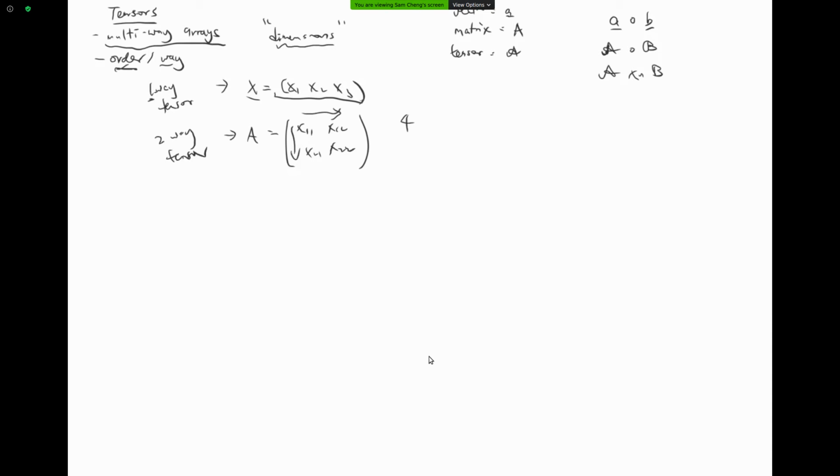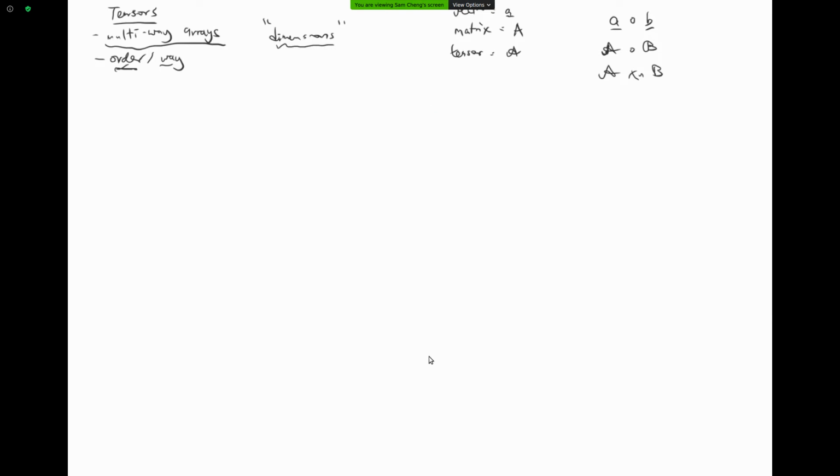Because it will quickly become rather confusing, it's better to use stricter notation, since we have objects with different numbers of orders or ways. Typically for a vector we use a small letter, and I will try to remember to put a bar underneath or above it to indicate it's a vector.